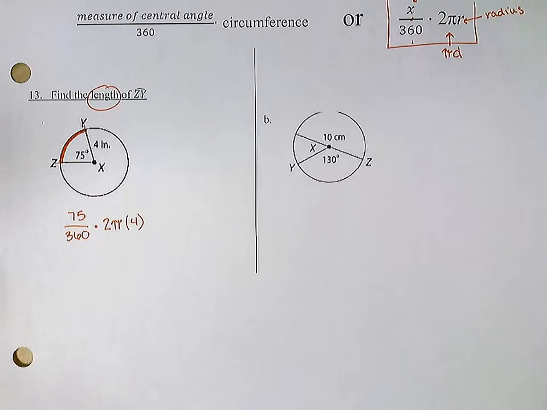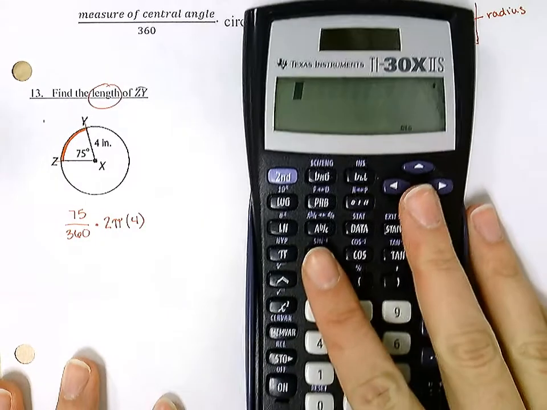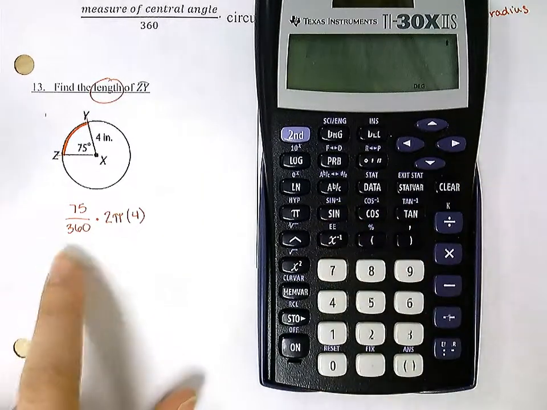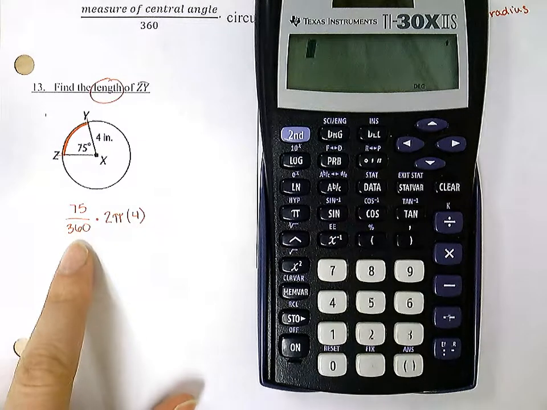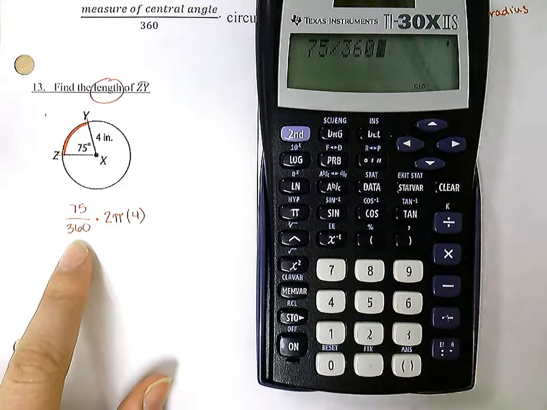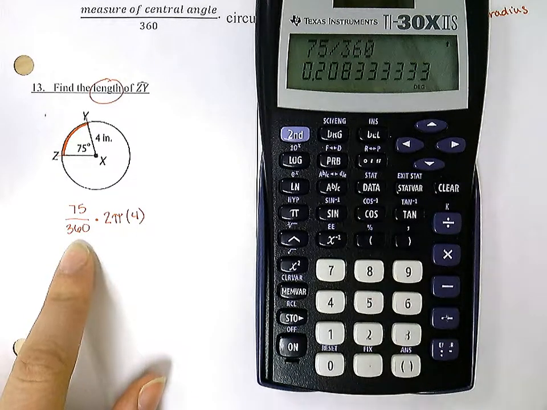Okay, so we do need to be careful when we enter this in our calculator. Here's my calculator. I'm going to first take 75 divided by 360, and I'm going to press enter and get a decimal.